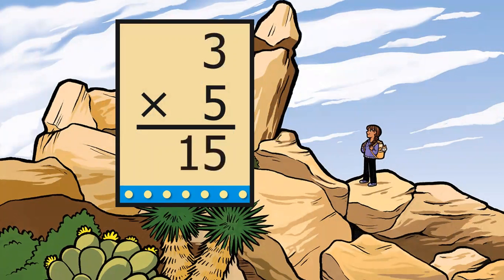Second problem is 3 times 5, which is 15. All right, then we have 4 times 5. That will be 20. Next, we have 5 times 5, which is 25. Then we have 5 times 1.